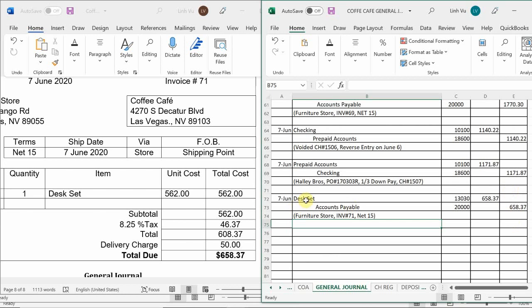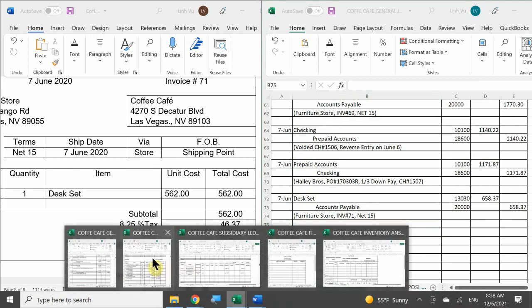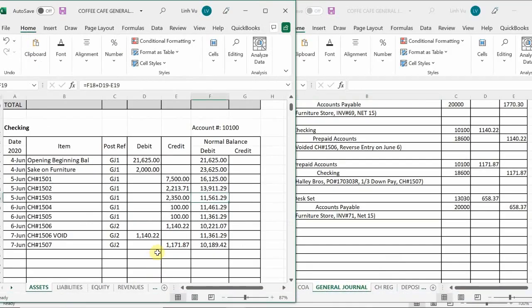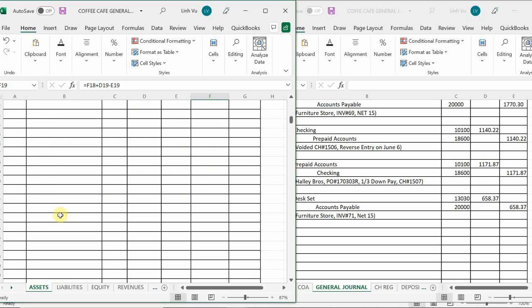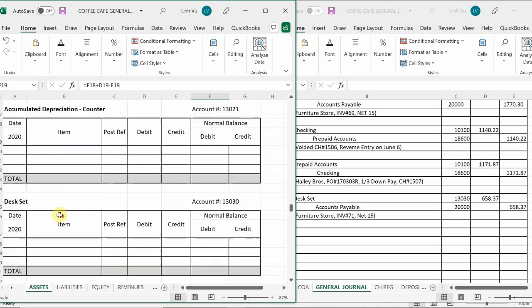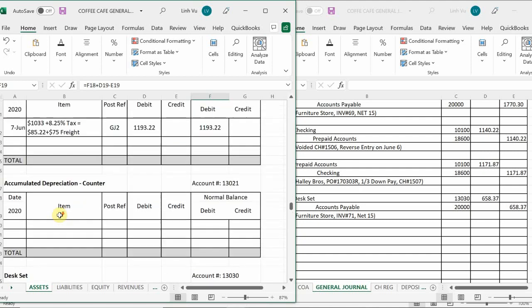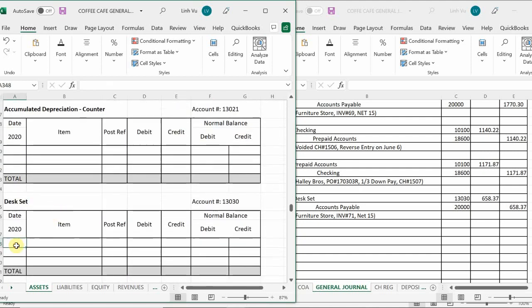So now I need to go ahead and update my ledger. Okay. So in this case, ledger, I have a desk set that I purchased. So assets, and I'm going to locate my desk underneath my furniture. So here's display shelves. There you go. Desk set.